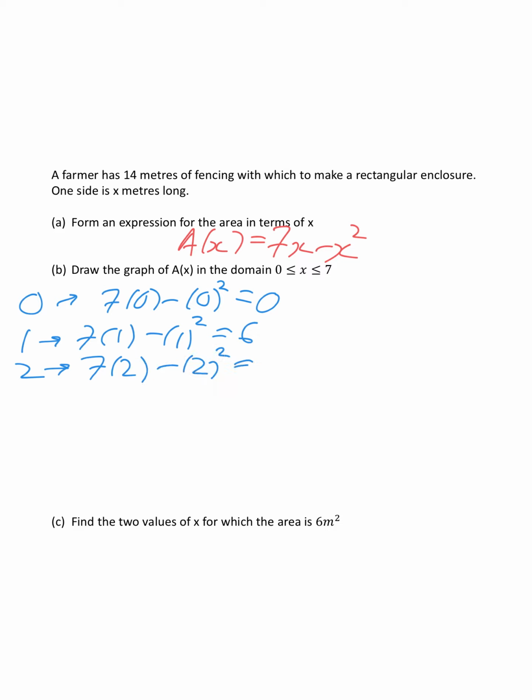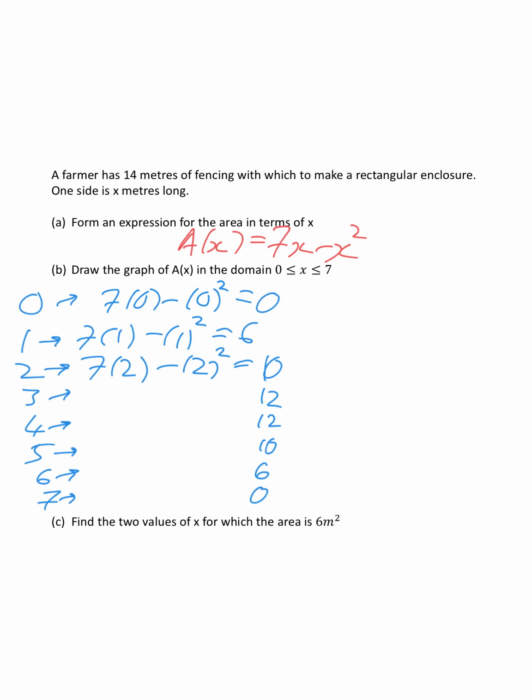That will equal 10. Now, we can also use the table of values function on the calculator for all of this. Save us a lot of time. And when we do that, we'll end up with 0, 6, 10, 12, 12, 10, 6, and 0.